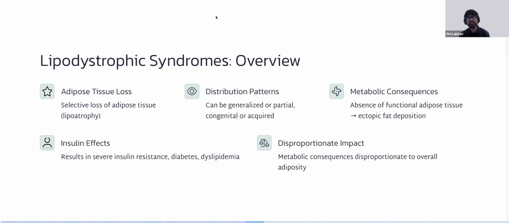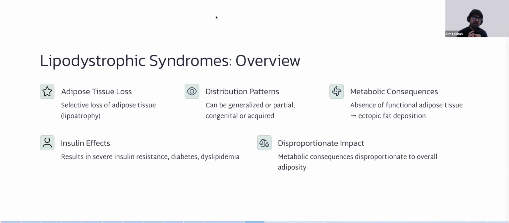But the second way is, if you can increase the number of adipocytes, then the fat gets distributed amongst the adipocytes, and this dysfunctional adipocyte problem does not exist anymore. So that's a very interesting way of looking at this entire thing, right? So what pioglitazone does is increase the number of adipocytes, and by increasing the number of adipocytes, you are able to distribute the fat amongst adipocytes, and hence you are able to solve this clinical conundrum, right?